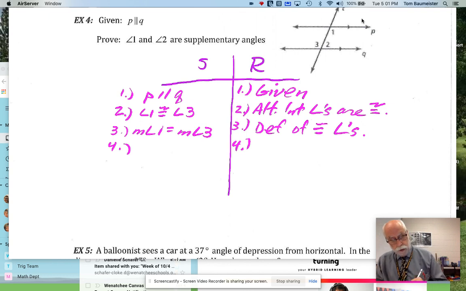So we can say then that the measure of angle 2 plus the measure of angle 3 is equal to 180 degrees. And our reason is by the linear pair postulate.